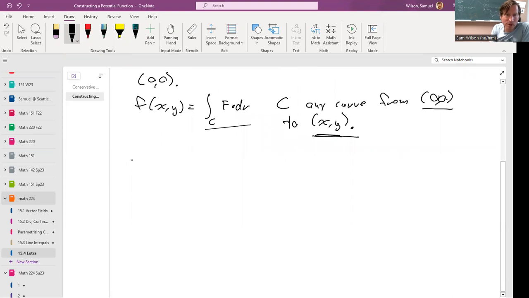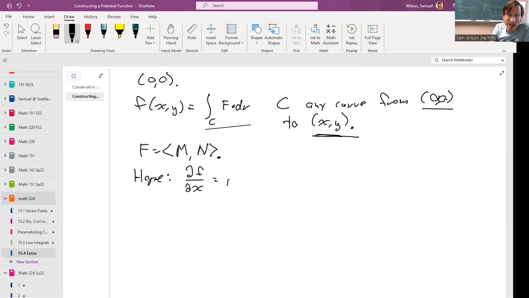So capital F is M comma N, and what we hope is that partial f partial x is equal to M, and partial f partial y is equal to N. If you were in higher dimensions, you just have more coordinate functions. All of this would still work.